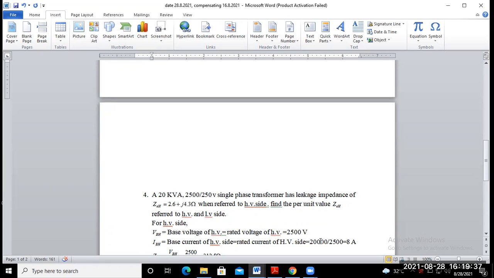The base current, if you convert to volt ampere, we multiply by 1000 to convert this quantity to volt ampere. So 20 into 1000 is nothing but 20,000, divided by the voltage, that means along the high voltage side, that we consider here 2,500 volt.